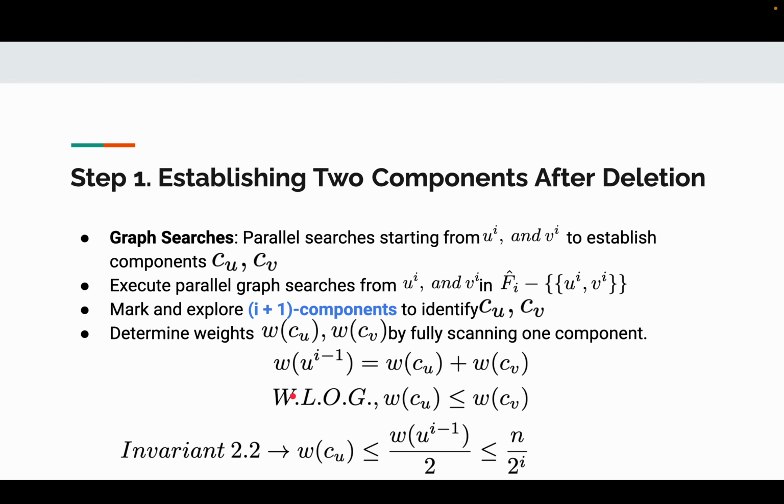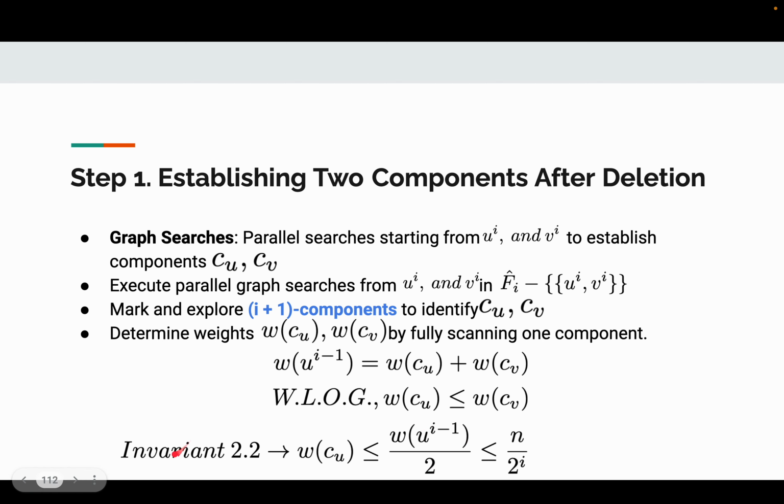And without loss of generality, we just assume that CU has a lighter weight than CV. So by the second property of invariant 2.2, CU must be smaller than, of course, half of the weight of U_{i-1}, because if you split into two, the smaller part must have a weight smaller than half.